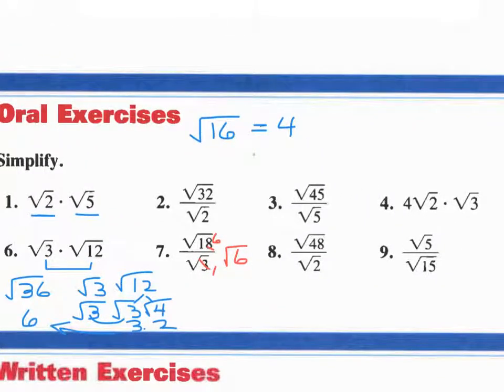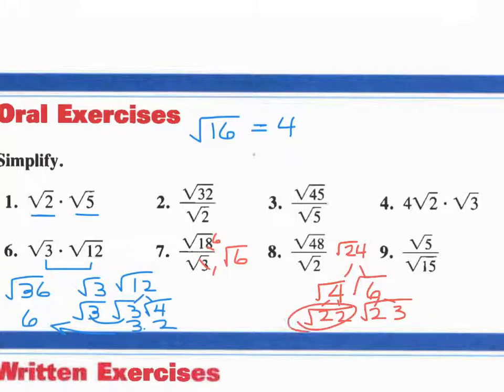On number 8, though, when you try to divide that, you get the square root of 24. 24 still has a perfect square hiding in it, so you need to factor it. 4 times 6, 2 times 2, 2 times 3. Look for your pairs, pair 2s. So a 2 comes out, no pairs here, leave the 6 behind. So if there's still perfect squares hiding in there, you need to simplify.